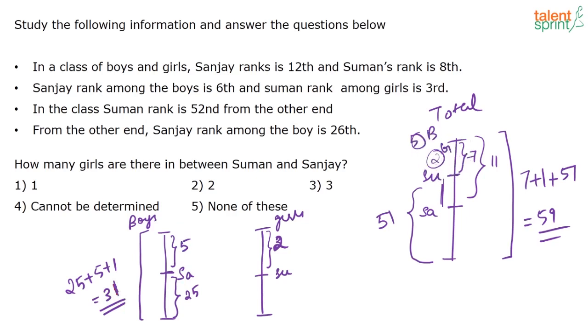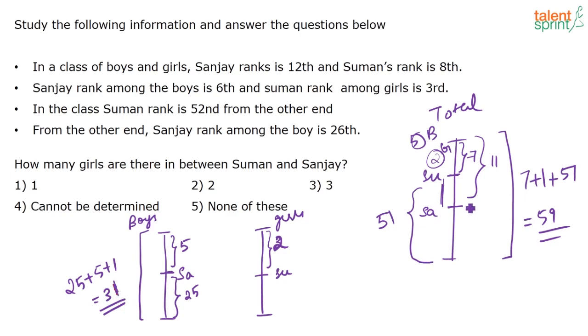So can there be any boy between Suman and Sanjay? No, because among boys, Sanjay is ranked 6th and the 5 boys who come before Sanjay are already there before Suman. So between Suman and Sanjay, there are not going to be any boys; it is only going to be girls.